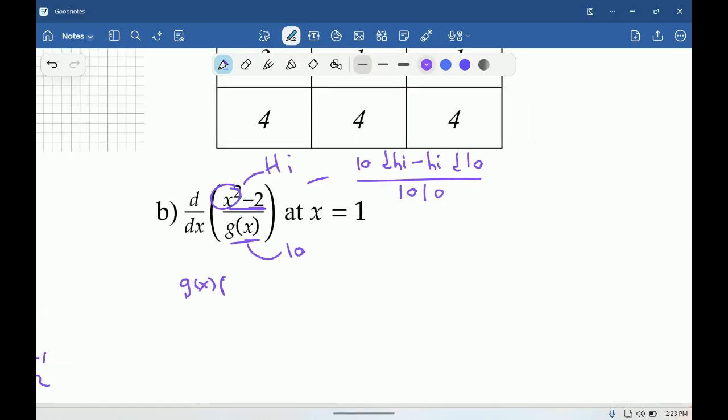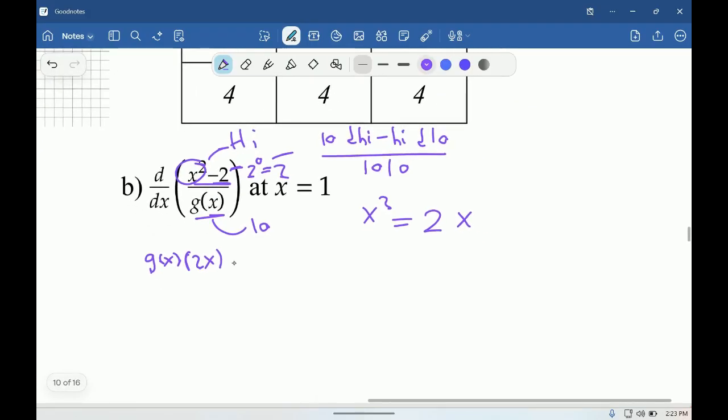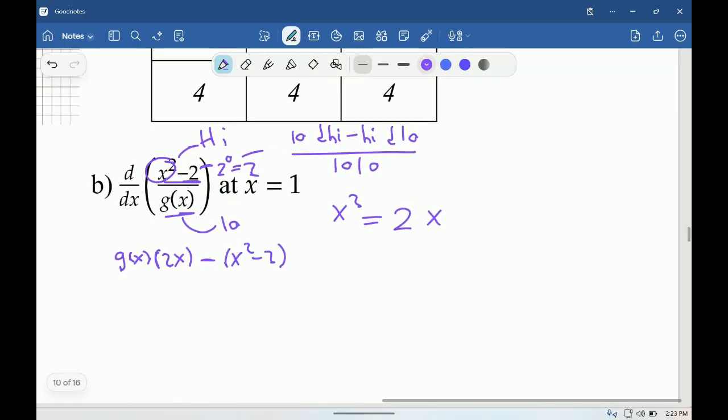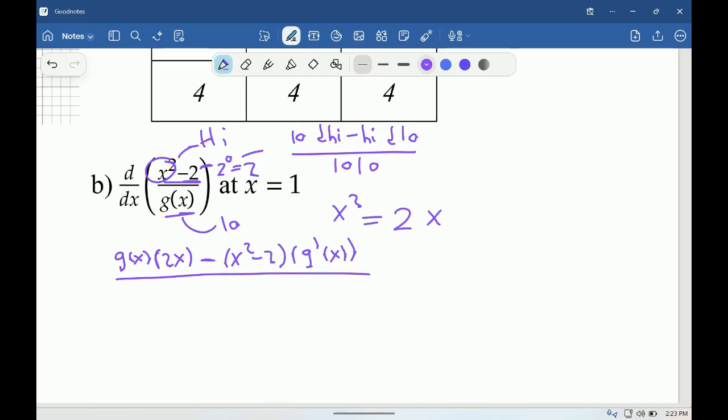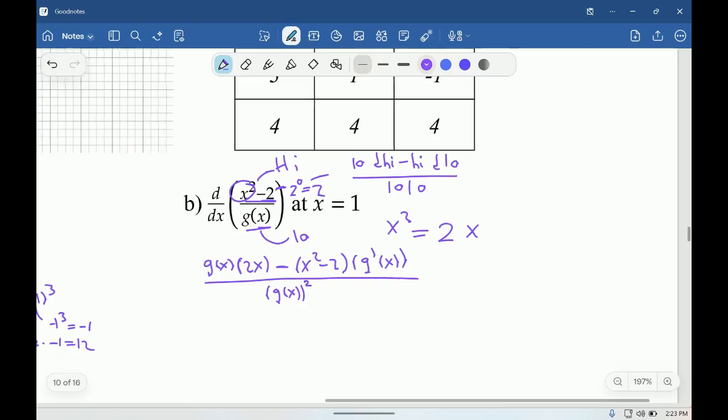First, we need to find the derivative of x to the 2, which is going to be just 2x. So we're going to put just 2x right over here. And then obviously this is just going to be 2, which equals 2. So we would just leave that, and then we're going to move on into the high d low part. The high part is just going to be x squared minus 2, and the d low is going to be g prime of x. And the low low is just going to be g of x squared.